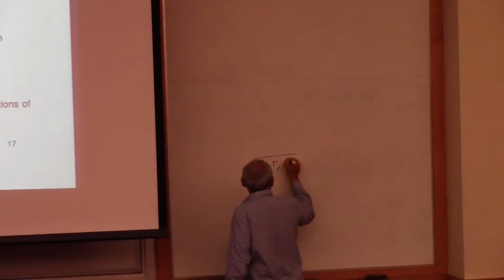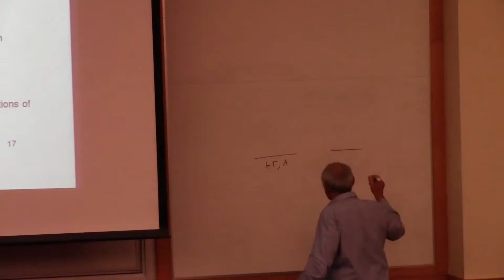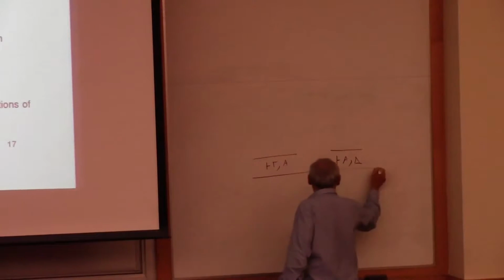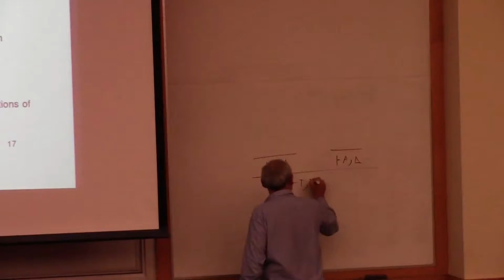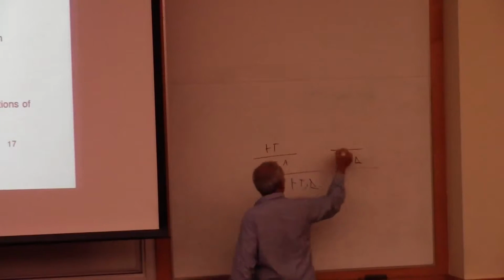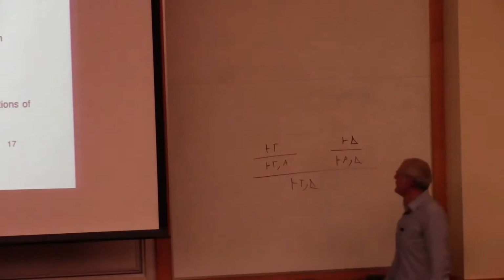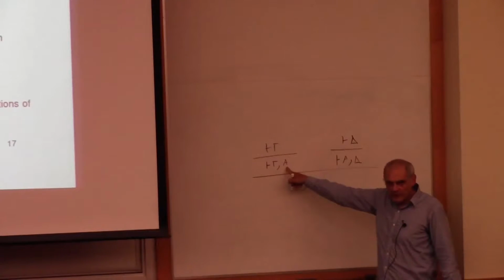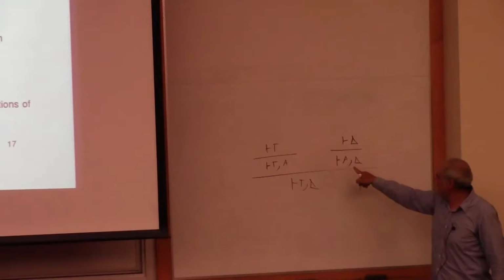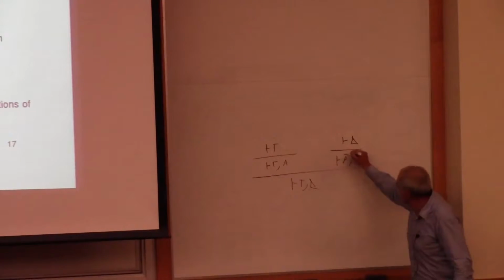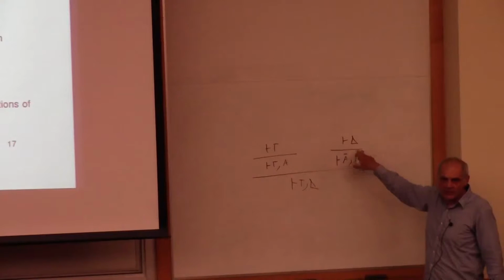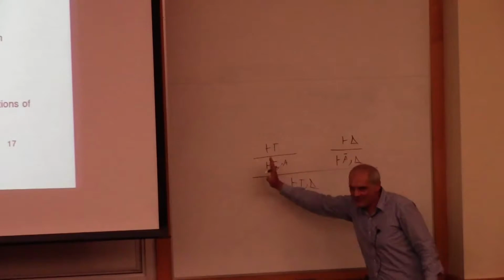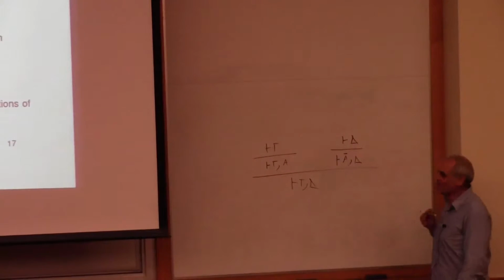So it's a really stupid kind of cut. So suppose that A has been introduced by weakening on the left, and that A bar has been introduced by weakening on the right. Both on the left assumption and the right assumption of the cut rule.